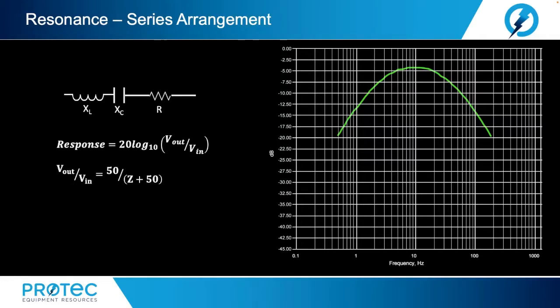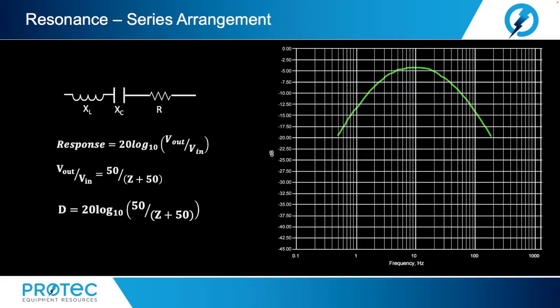The response D in decibels for an impedance is given by the equation D equals 20 log 10 times 50 ohms divided by the impedance plus 50 ohms.